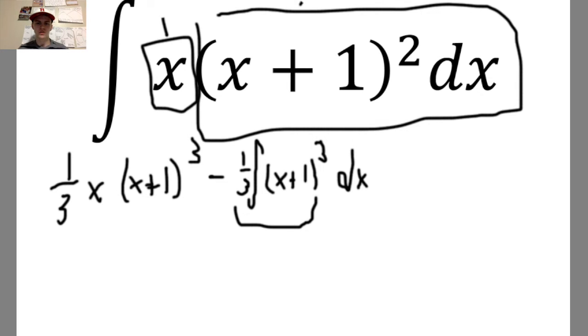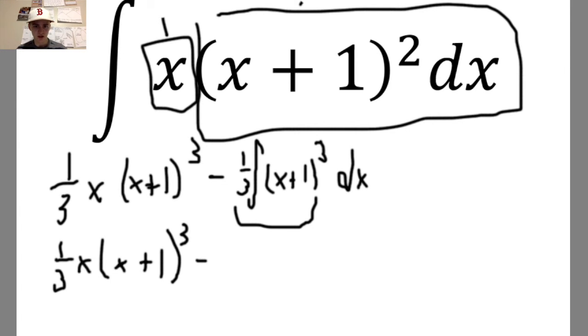But this one's pretty simple to do, so just write it out again. 1/3 x times x plus 1. Oh, I'm struggling here. X plus 1. Sorry about that. X plus 1 cubed.